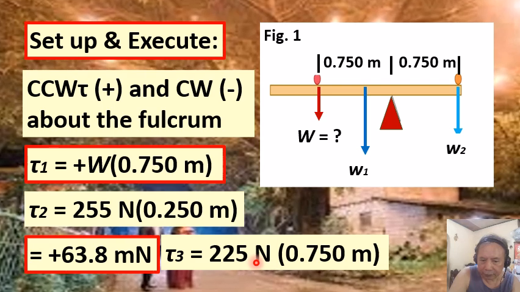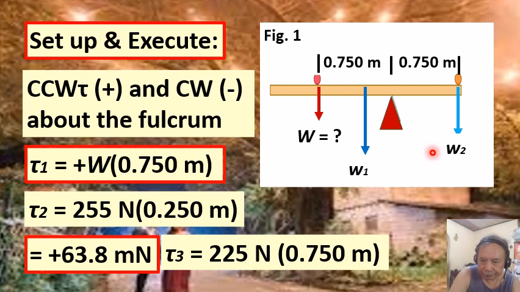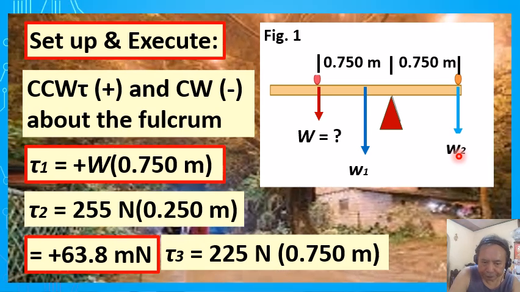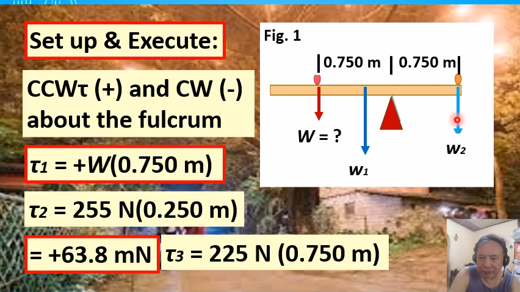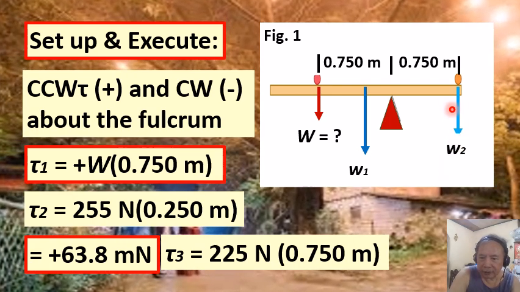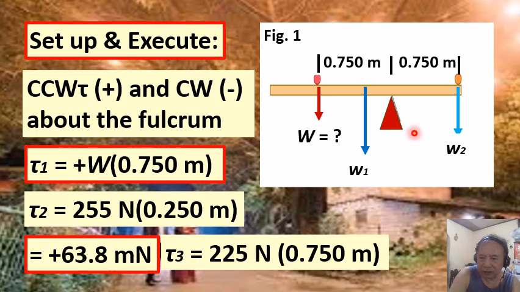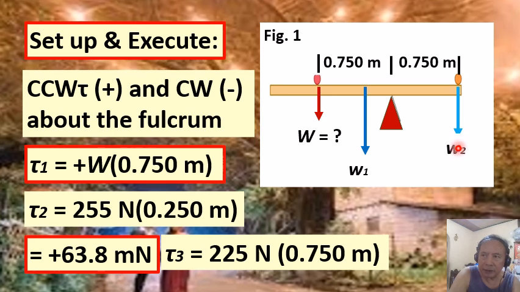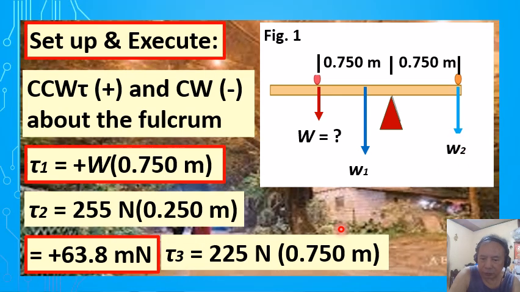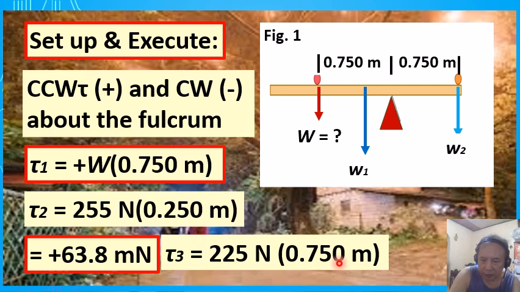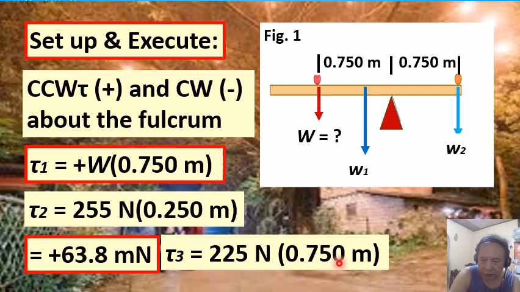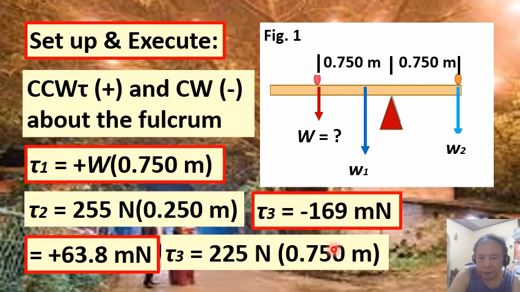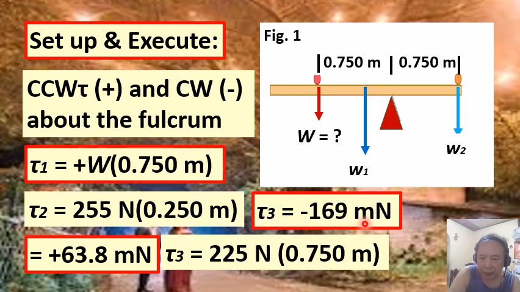Torque number 3 has the tendency to make the rod rotate in a clockwise manner. And by convention, such torque is considered negative. Torque 3, therefore, is equal to negative 169 meter Newton.